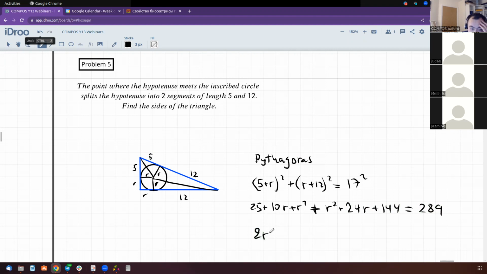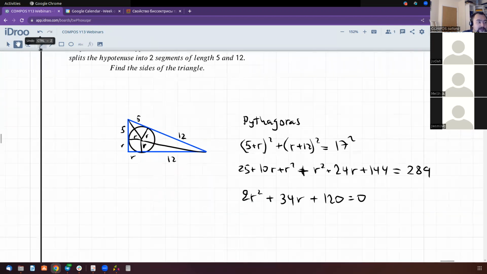So 2R squared plus 34R plus 169 minus 169, 120 equals 0. So R squared plus 17R plus 60 equals 0.